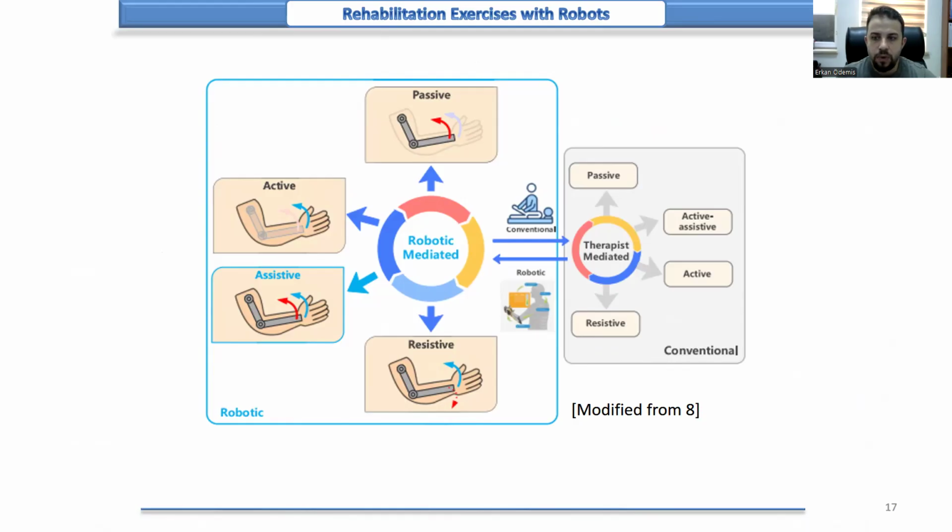Resistive mode involves the robotic device applying opposing or disruptive forces to the patient's voluntary movements, thereby increasing the difficulty of the exercises or promoting muscular effort. And lastly, in assistive mode, the robotic system supports the patient during task execution, providing the necessary aid to accomplish the intended therapeutic movement.